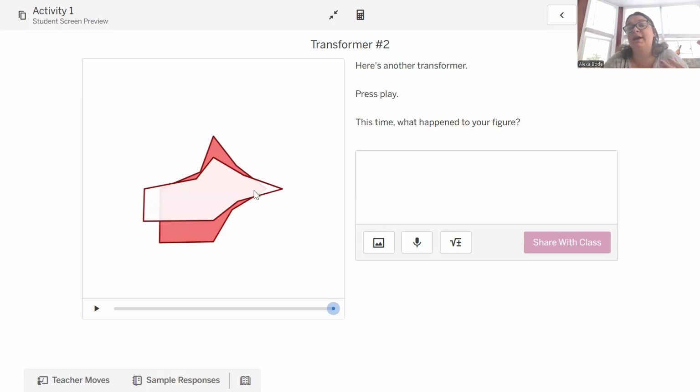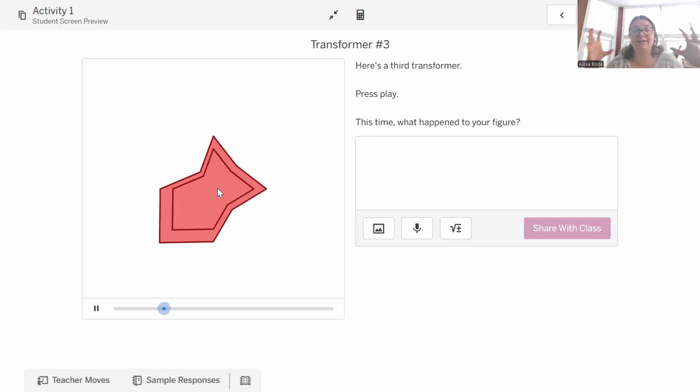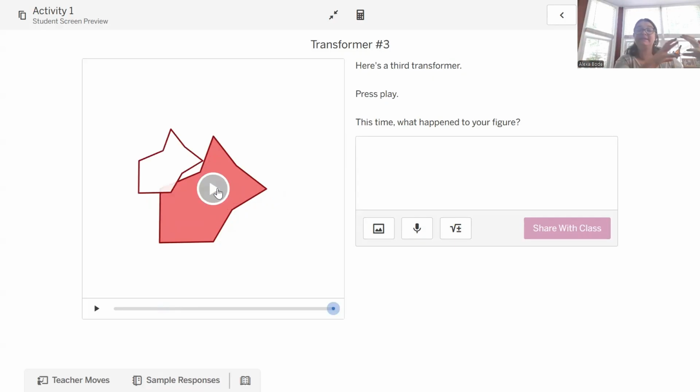This one is actually a transformation, a movement that is not a technically correct mathematical movement, and you will find out why later on this week. Okay, and then this third one here, I would say it got smaller and then it moved or slid diagonally to the left and up.